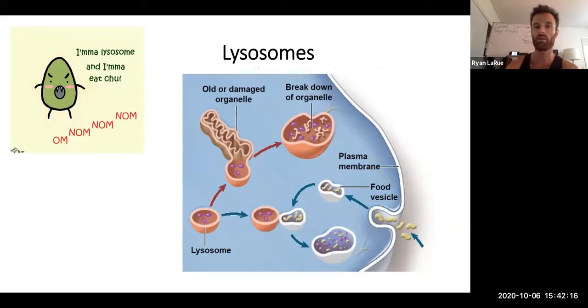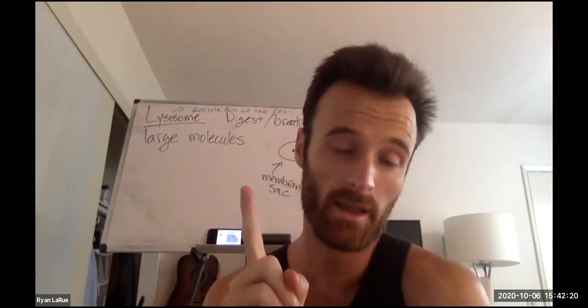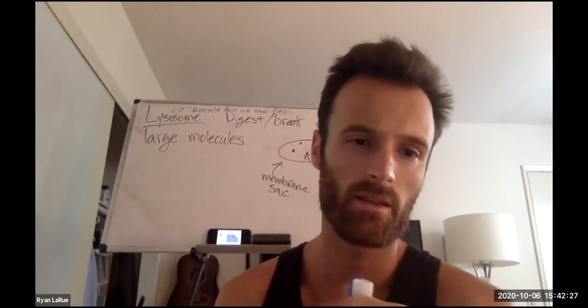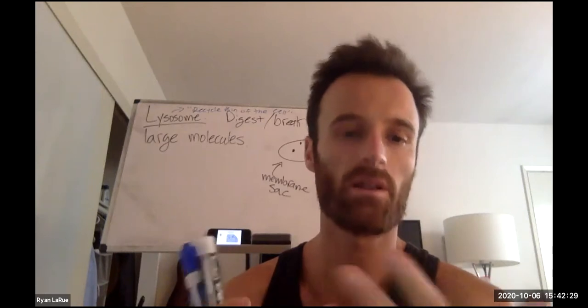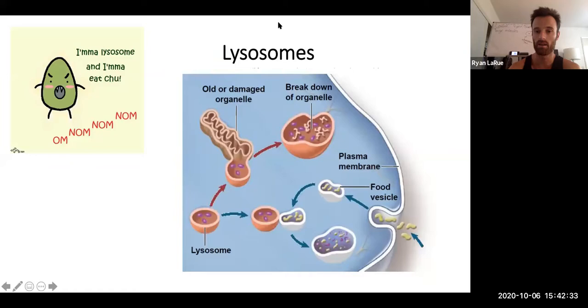Essentially, if you're one cell and you take in food, you got to break it down somehow. And single-celled organisms like amoebas will actually take in food from the outside, maybe algae or something, who knows, and inside that vesicle, it'll fuse with a lysosome and the digestive enzymes in the lysosome break it down.